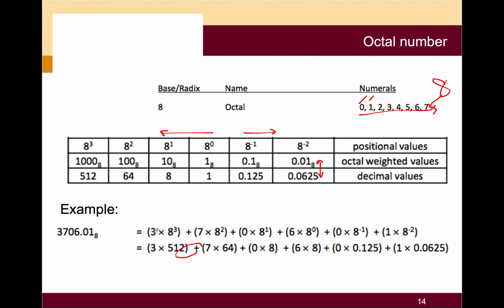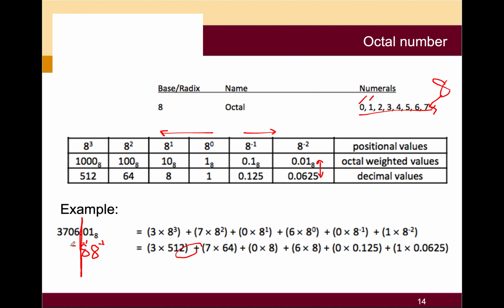So the point is, I already showed you the examples, which is you need to divide it to the right and to the left. From here you will multiply with 8 to the power of negative 1, and you will multiply with 8 to the power of negative 2.